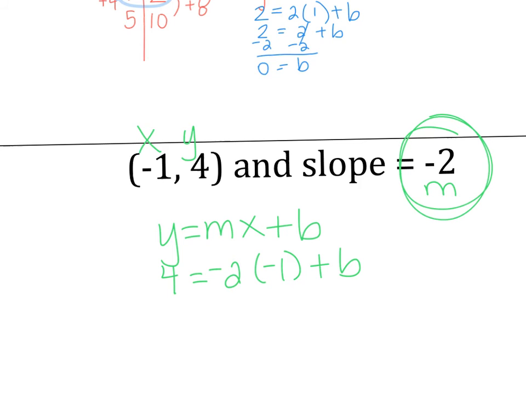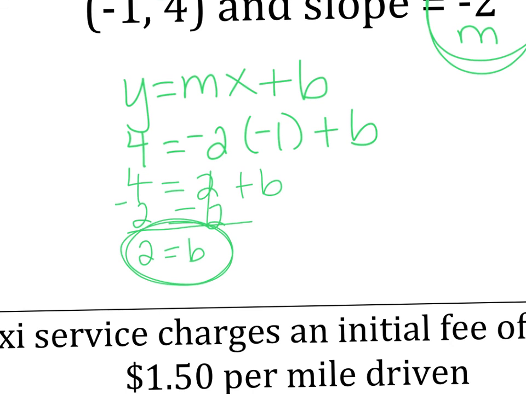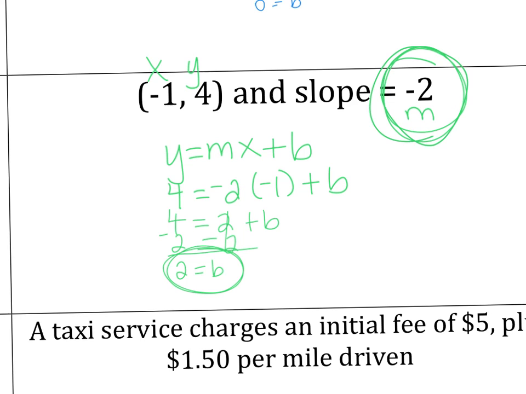I'm going to multiply -2 times -1. I'm going to get positive 2, and I'm going to subtract it. So 2 equals b. So I have my b now, and I had my m from before. I'm going to put it together, and it's going to say -2x plus 2.